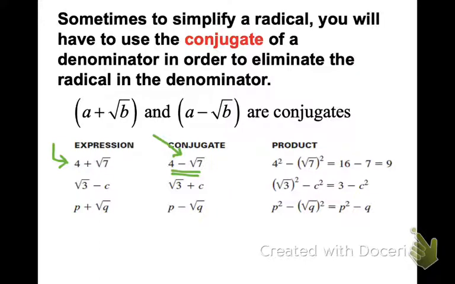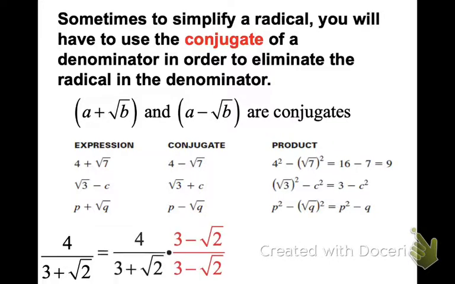So here we started off with a negative, so the conjugate is going to have a plus sign. So let's take a look at an actual example. We can't have a radical in the denominator, so we're going to multiply by the conjugate, and the conjugate of 3 plus square root 2 is going to be 3 minus square root 2.